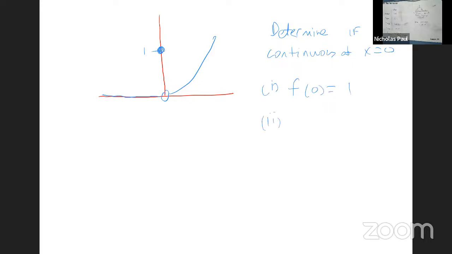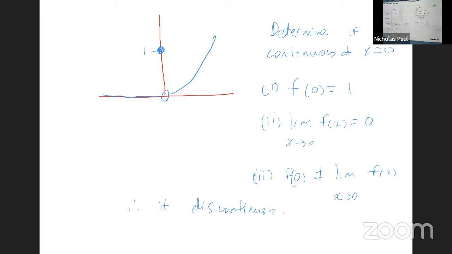Second step, we found the limit as x approaches 0 of f of x is 0. Step number 3 now, f of 0 is not equal to the limit as x approaches 0 of f of x. Therefore, it is discontinuous. All right, copy them. Let's go again. I've done plenty more like this.